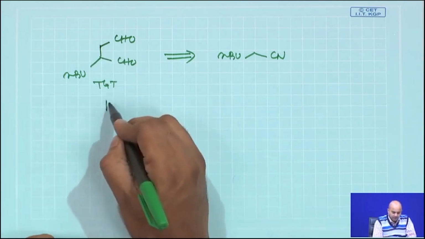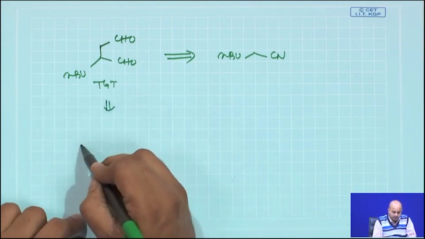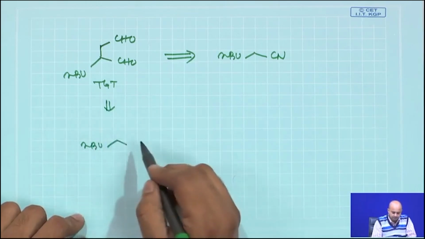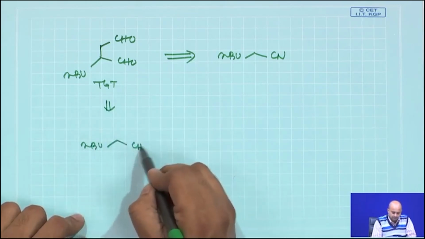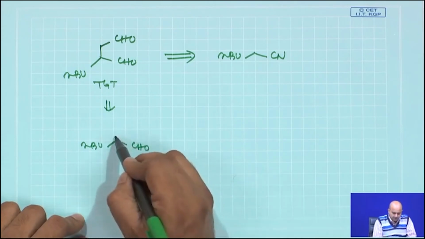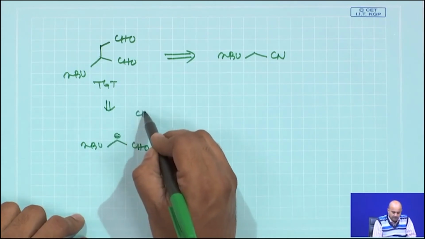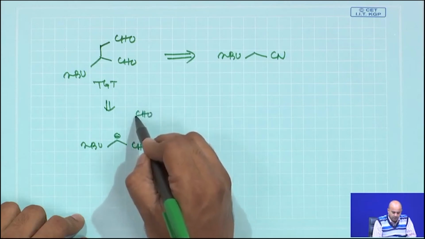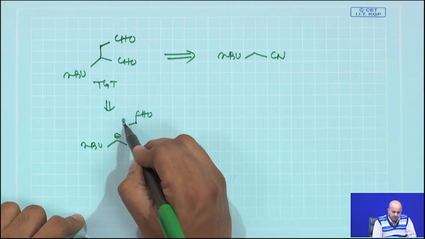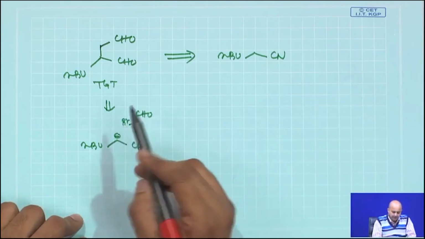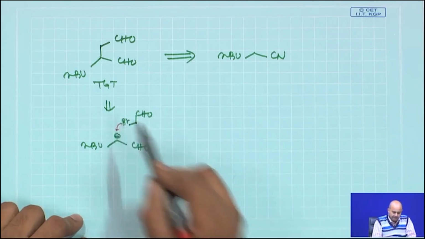So, let us first do this here. I put a minus here, and if you have a CH2Br, a bromoacetaldehyde, that can act as the electrophile and attack here.